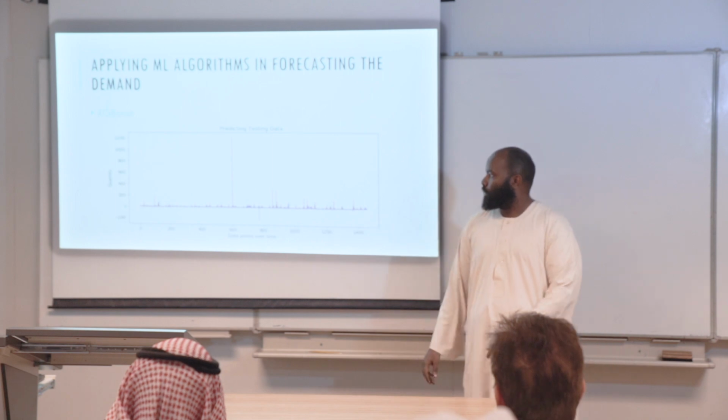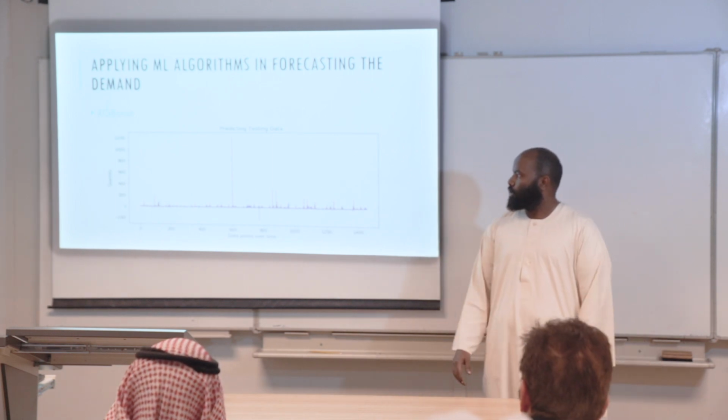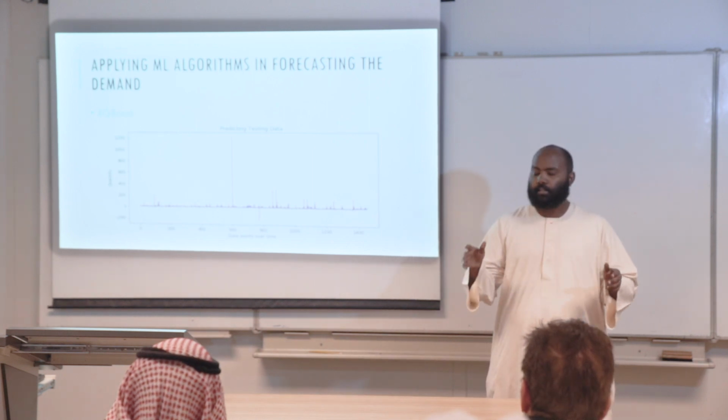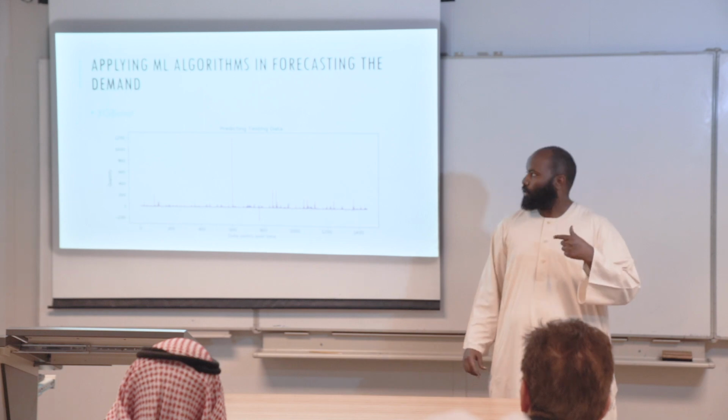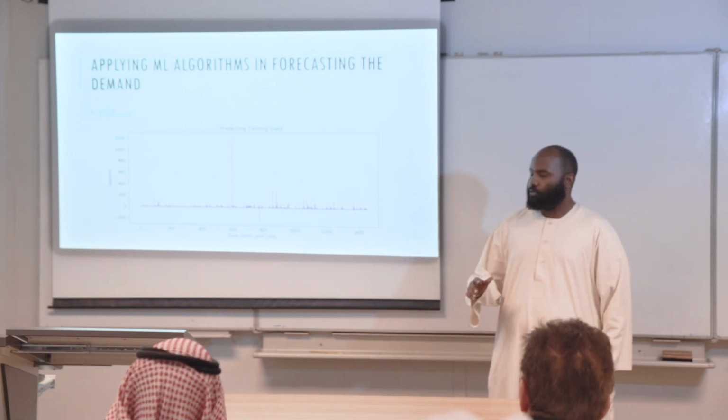The next tool was called XGBoost. It stands for extreme gradient boosting. This method is basically decision trees, and it works iteratively. With each iteration it reduces the error until you reach very accurate results. And here are our results.